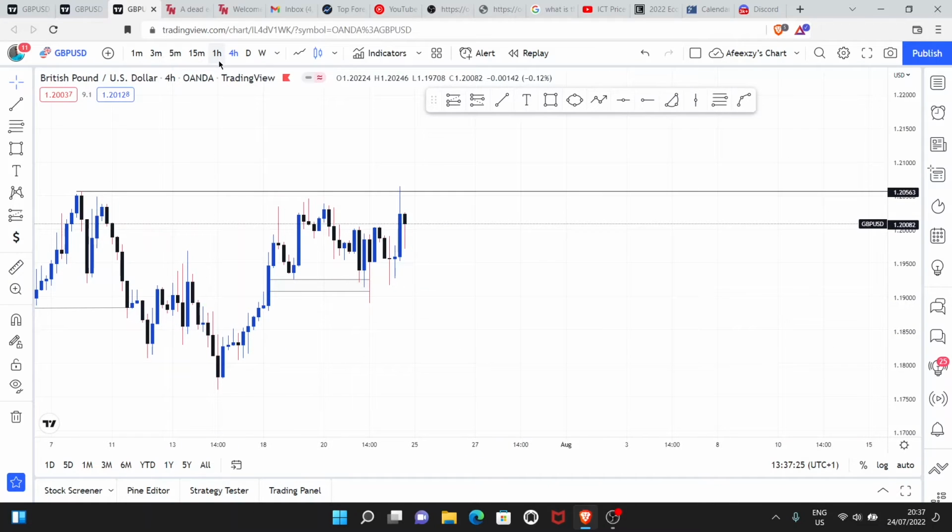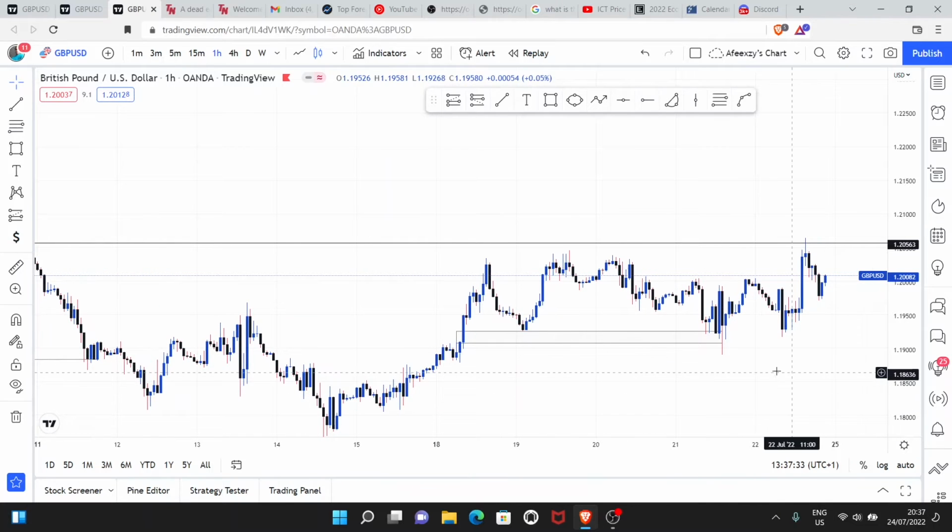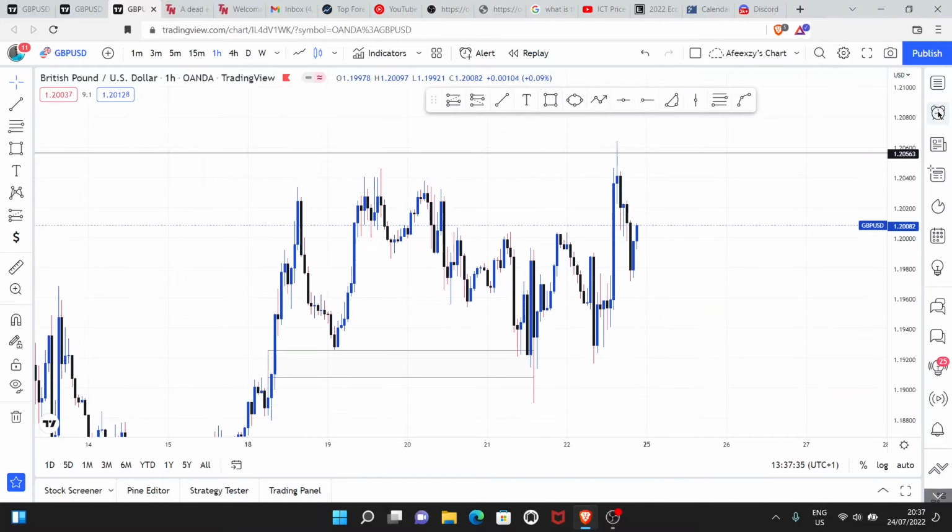Let me go to the 1 hour time frame. On the 1 hour time frame, I can see the fair value gap, or rather imbalance, clearer. I can see it very clear here.